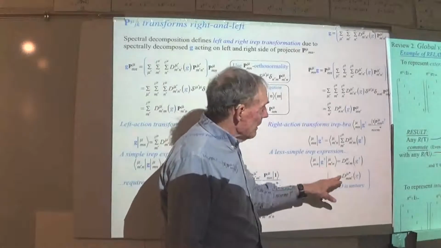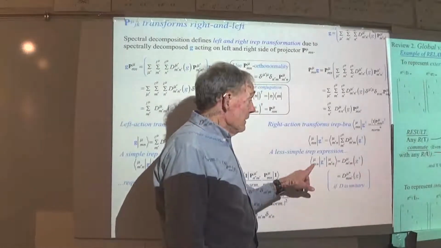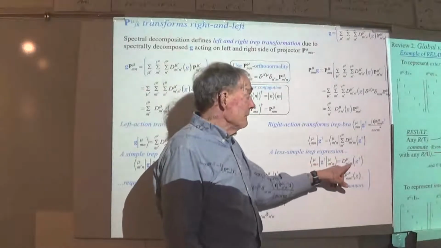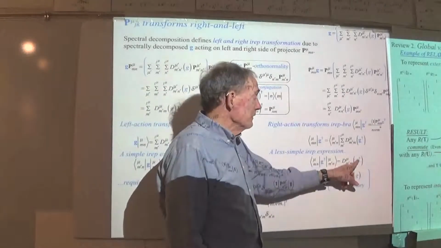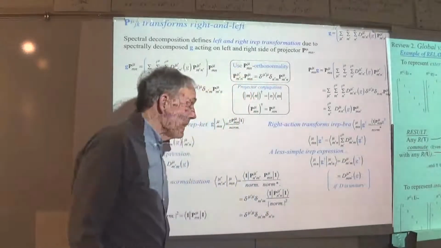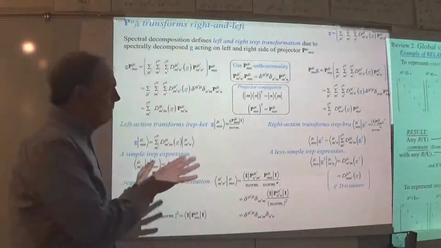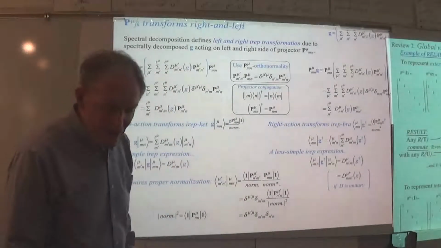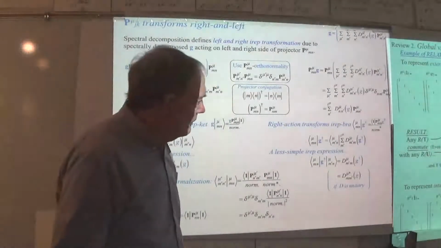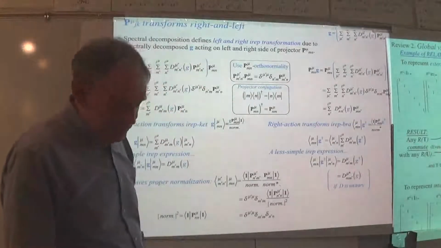M, M prime, okay? But you get the flip of M prime and M if you wanted to keep writing the G dagger. So this is all very persnickety, making sure that we've got our ducks in a row, so to speak.